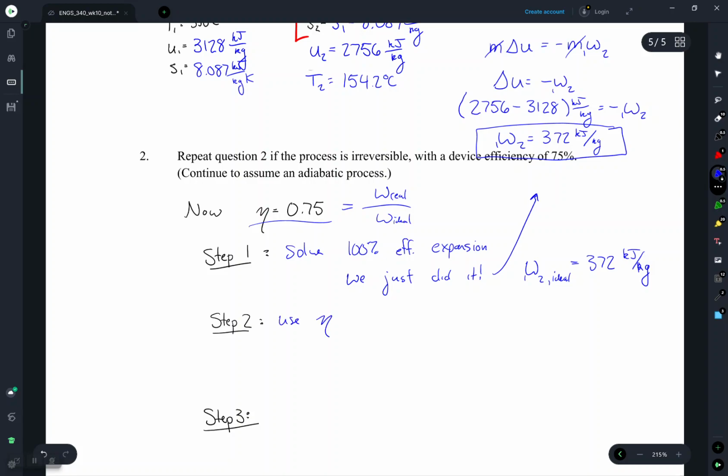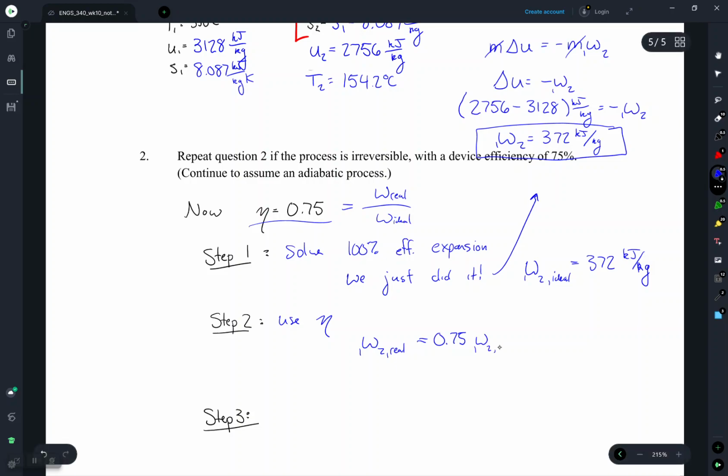We can then use efficiency in step 2. W12 real is 0.75, so 75% of the 100% efficiency value.